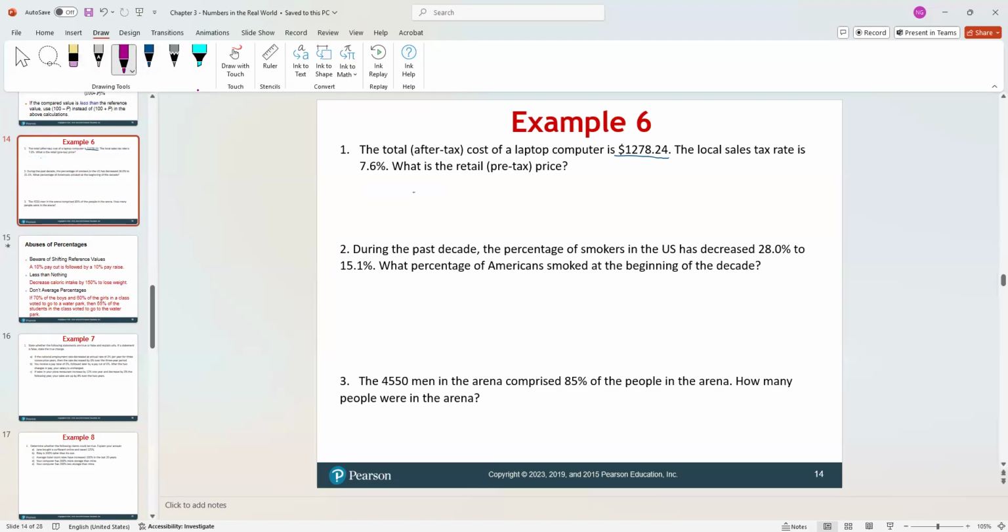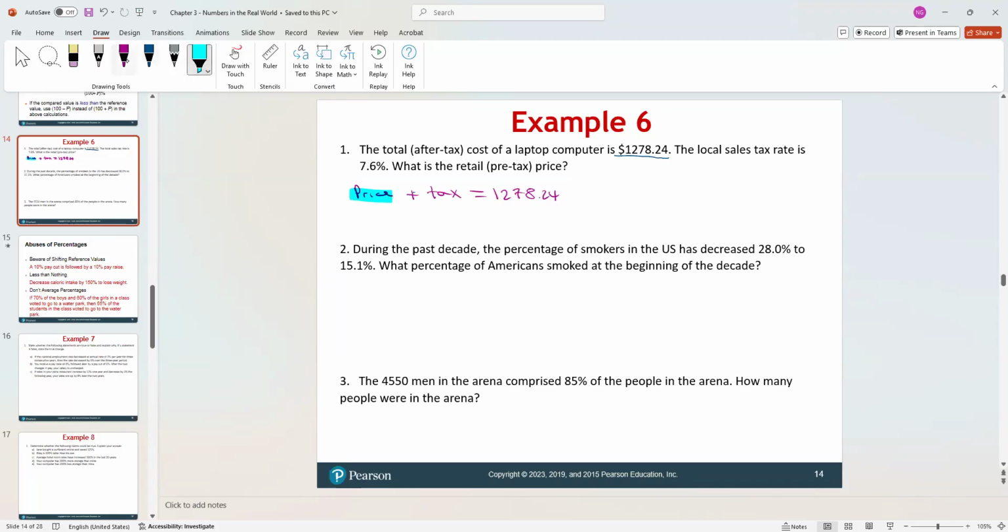When you buy a laptop, we go with the price. The price of the laptop plus tax gives you $1,278.24, right? What we need to find is this price.